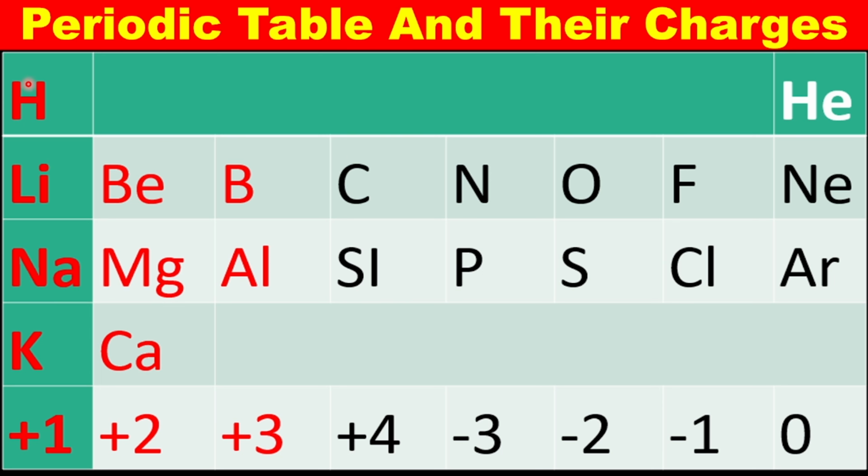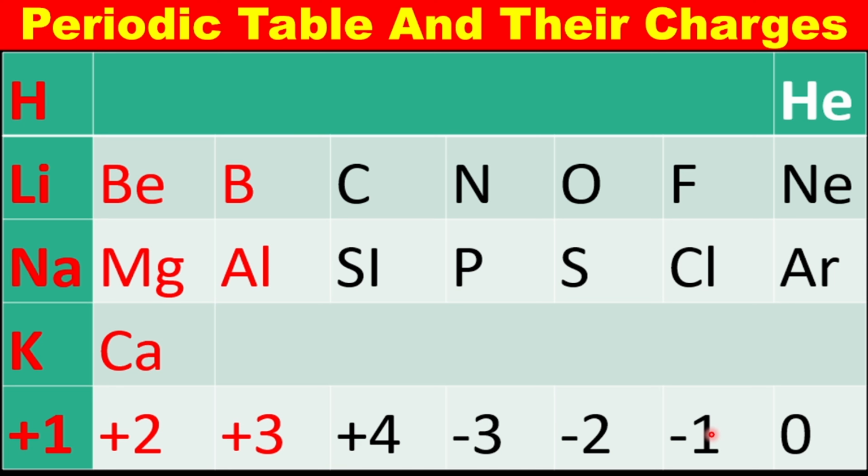But before we start the actual calculation, there is something I want to give you. That is the periodic table. Now looking at this periodic table, this is for only the first 20 elements. I just want to remind you that with the periodic table, we have group 1 to group 8 with their charges.